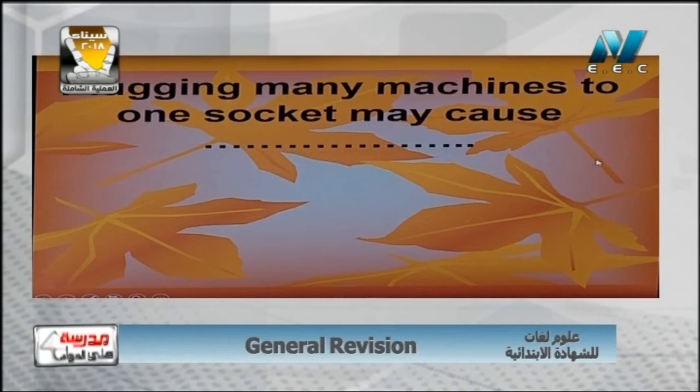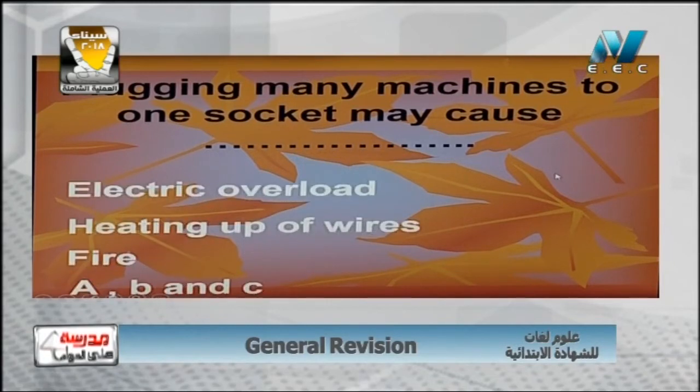Plugging many machines to one socket may cause what? Electric overload, heating up of wires, and may cause fire, or A, B, and C. We have the harms or dangers of electricity, direct and indirect.